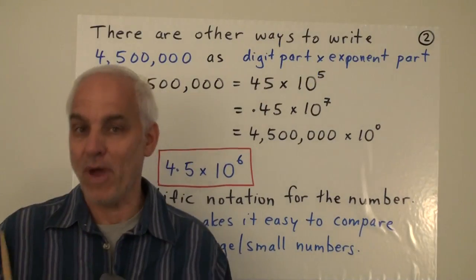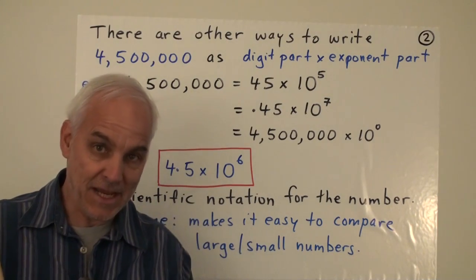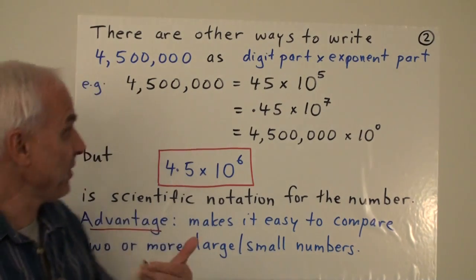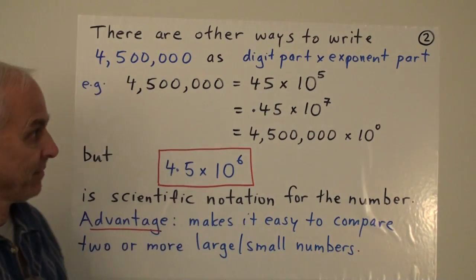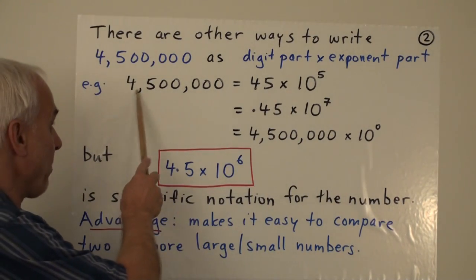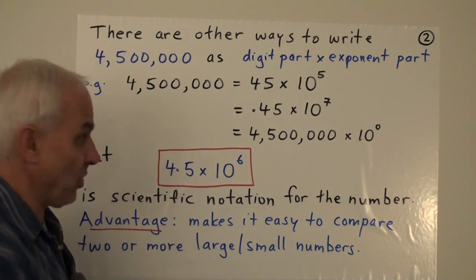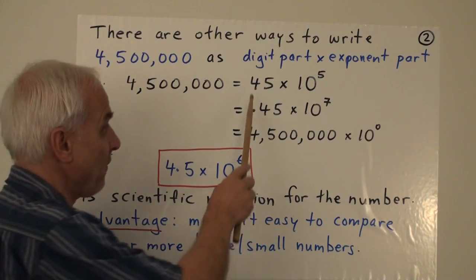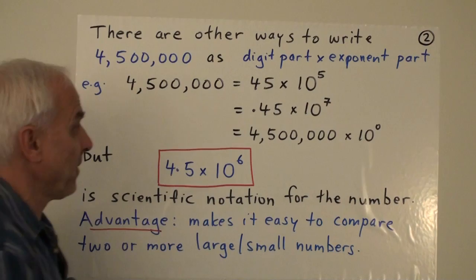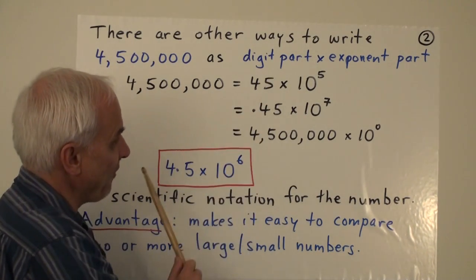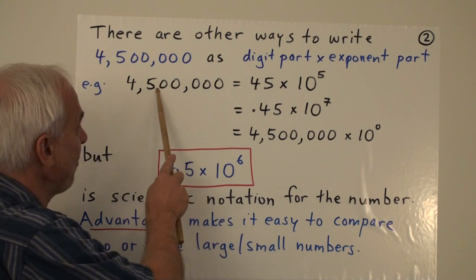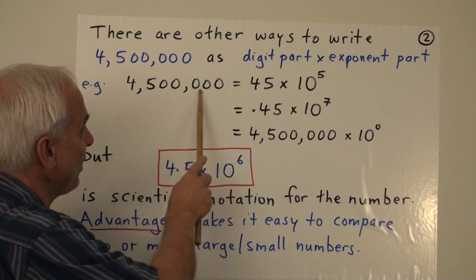There are other ways of writing a number in the general form digit part times exponent part. For example, 4,500,000 could also be written as 45 times 10 to the 5th. That's the same. If we multiply 45 by 10 to the 5th, then the decimal point moves over 1, 2, 3, 4, 5.